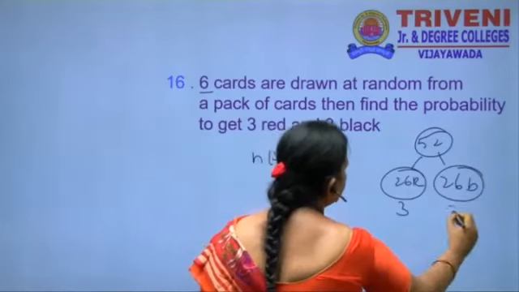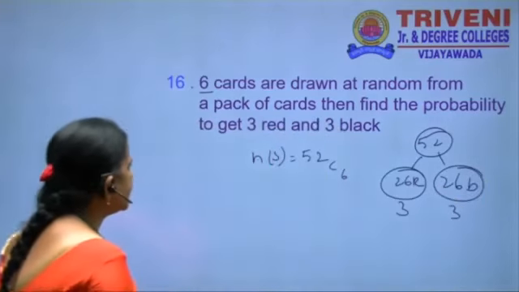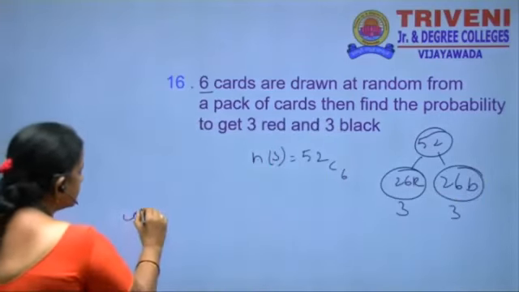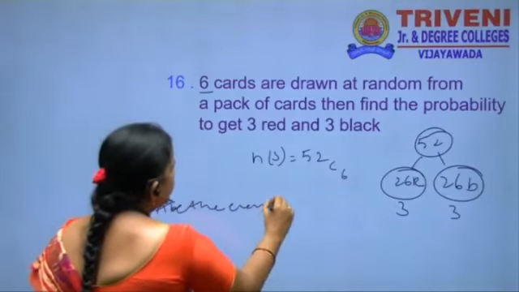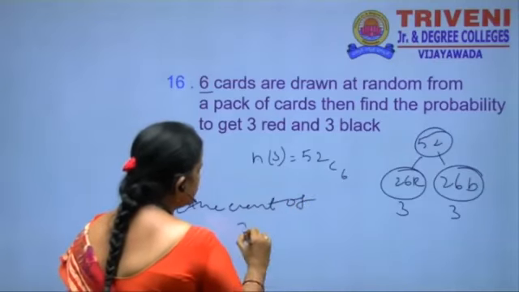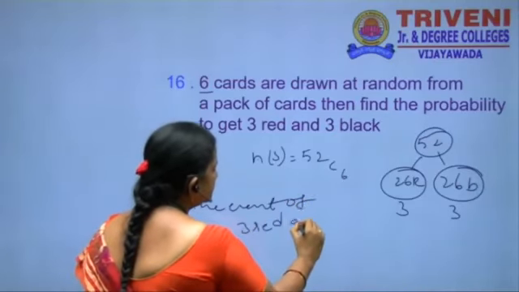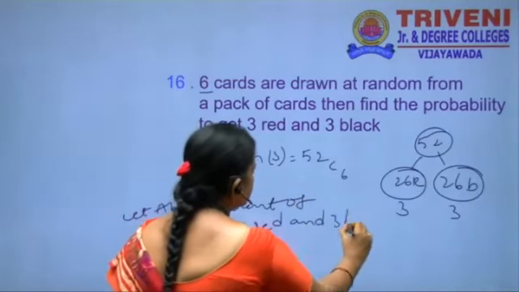Here also 3. Let A be the event of 3 red and 3 black balls.